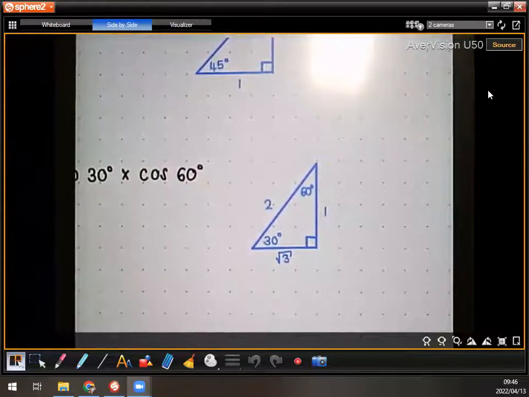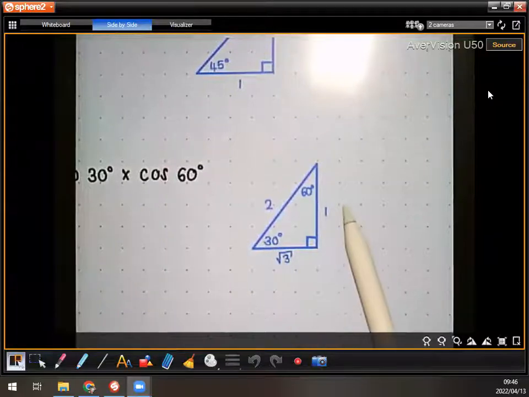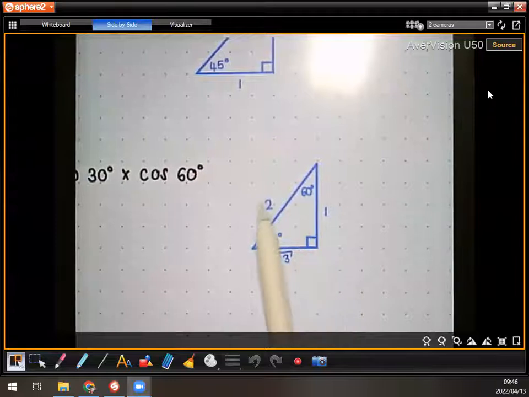The longest side is always opposite the biggest angle, and the shortest side is always opposite the smallest angle. So if we're looking at these values now, the smallest angle is 30, and 1 is the shortest side of the 3. So the 1 always has to be opposite the 30. 2 is the longest side of these 3, so the 2 has to be opposite the biggest angle in the triangle. And then root 3, when you type it into the calculator, is 1,73.